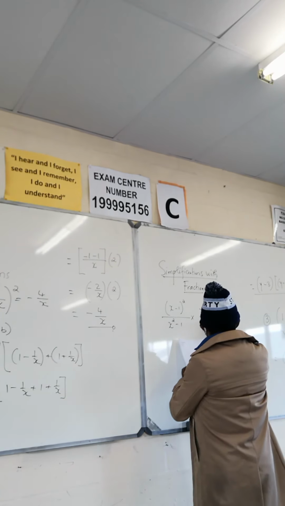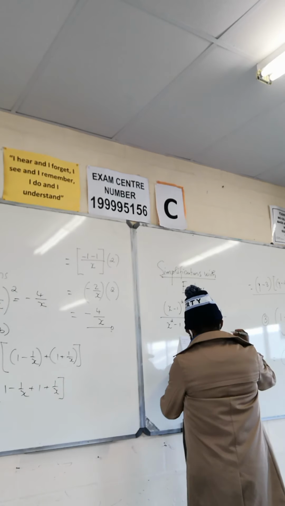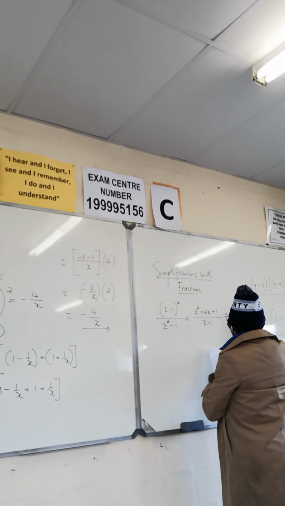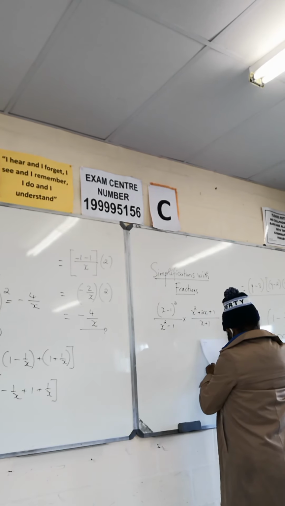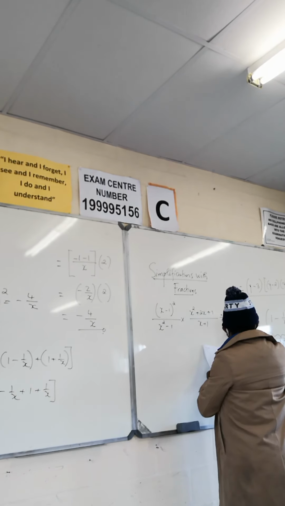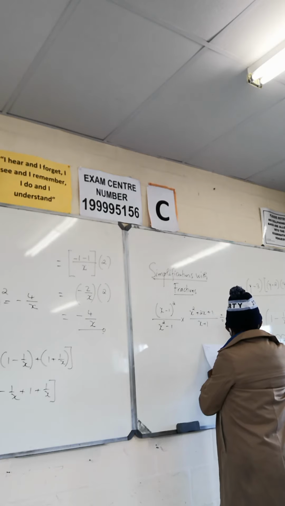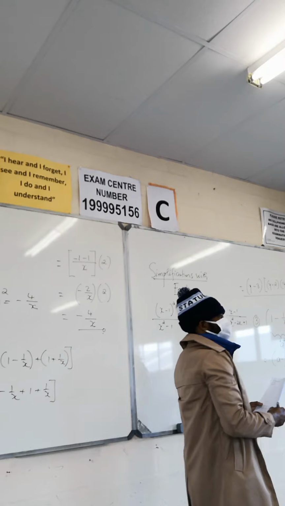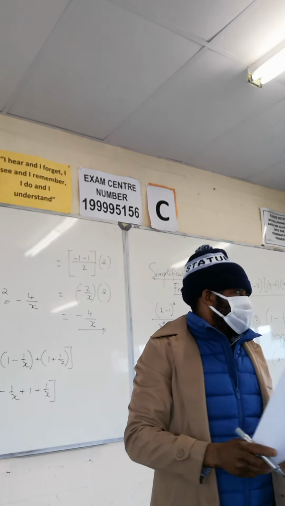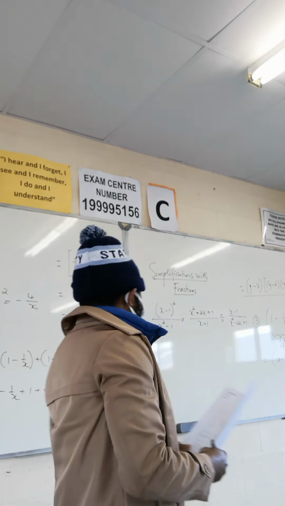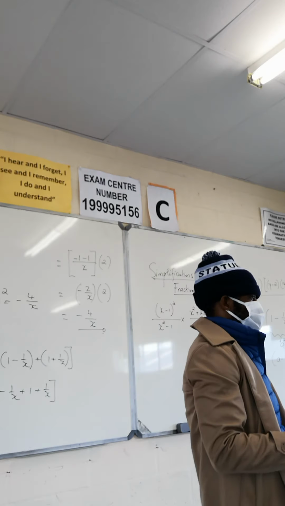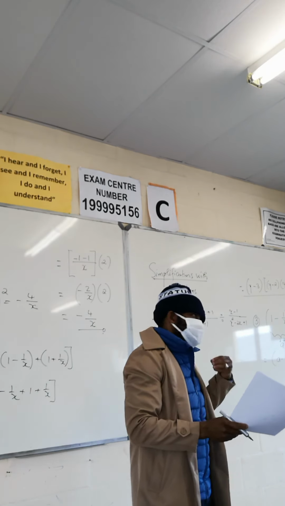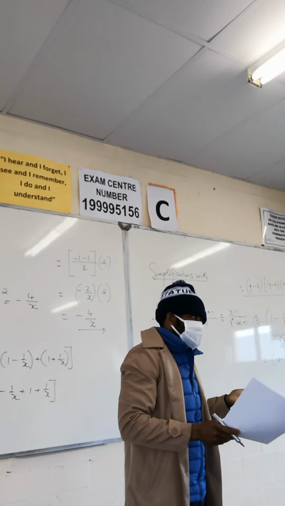Over x plus 1 divided by x minus 1 over x squared minus 2x plus 1. Okay, but you see, we're doing revision. There is no need for me to remember everything, because I'm not the one that's going to write the final exam.